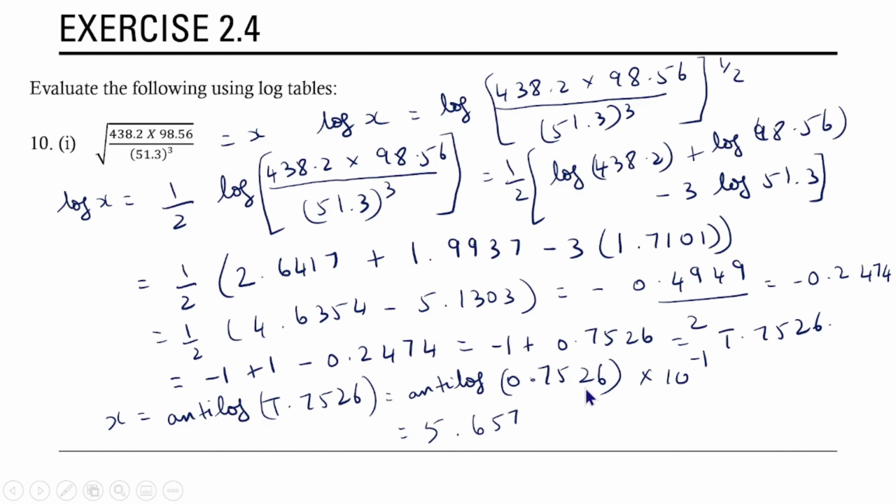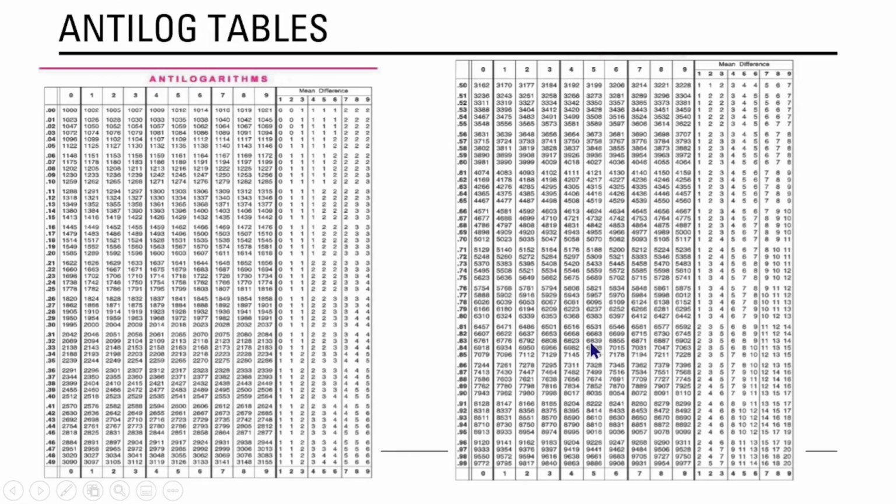Then let us see here. So here row is 0.75 and column 2, the value is 5649, and to that the next digit is 6. So to 0.5649, we have to add the mean difference corresponding to column number 6.